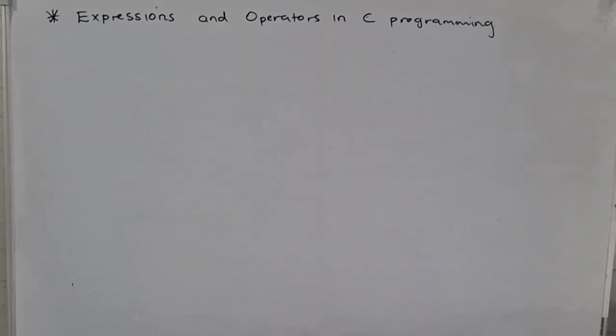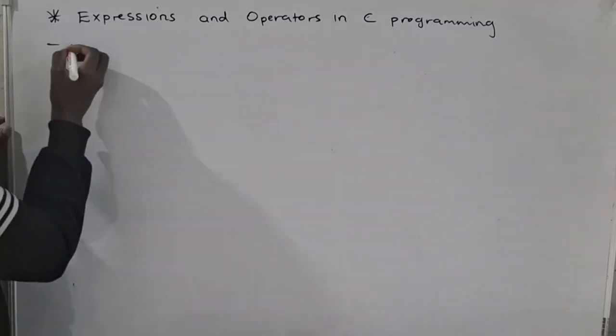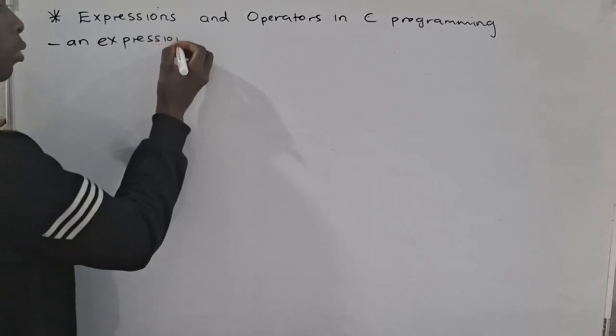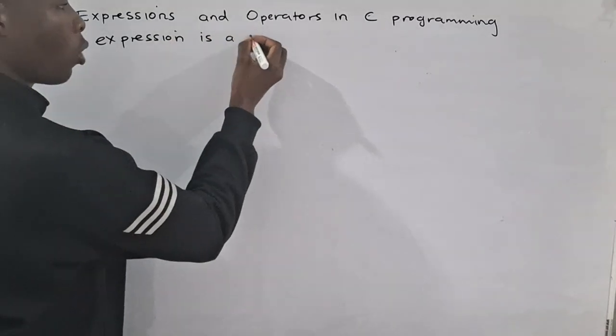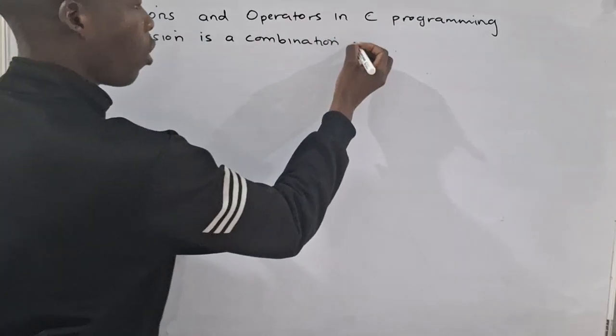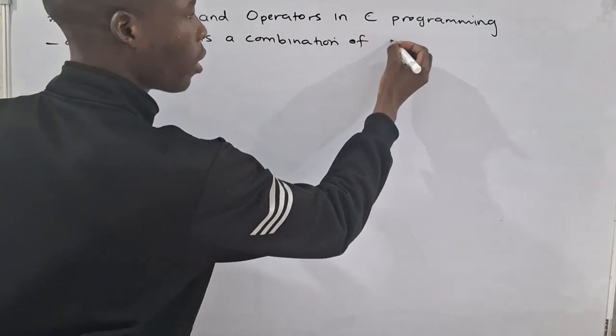An expression is a combination of operators and operands arranged in a sequence to perform a computation. So, an expression is a combination of what?